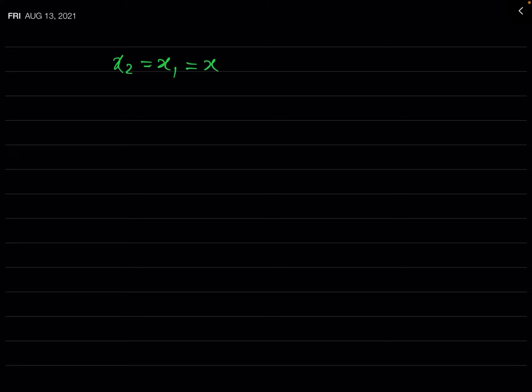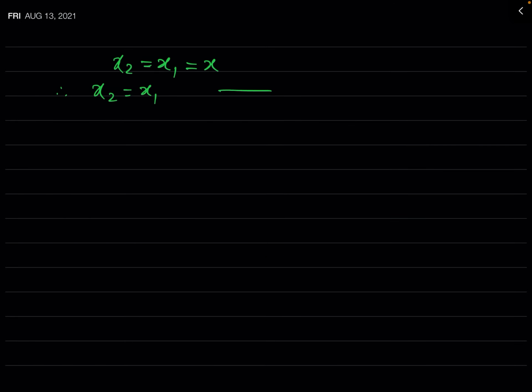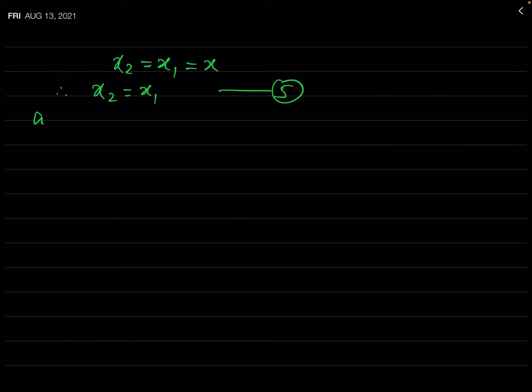So one of the equations we may write is x2 equal to x1, and say this is equation 5. And this equation 4 may also be written as equation 6: lambda 2 equal to lambda 1 minus Px, but x is equal to x1.